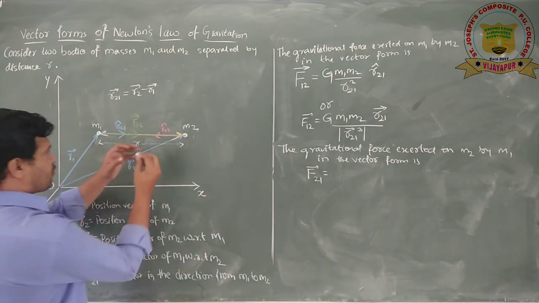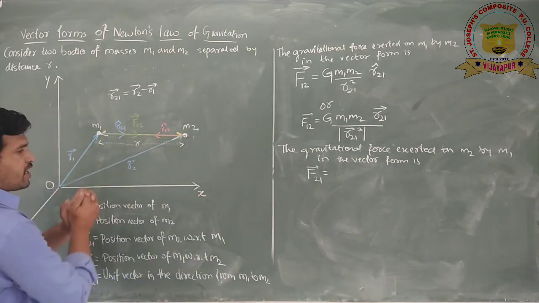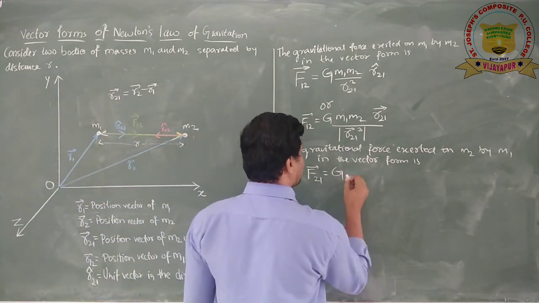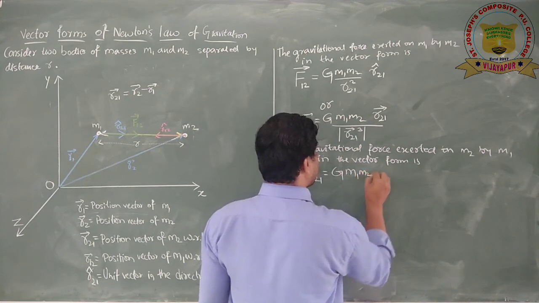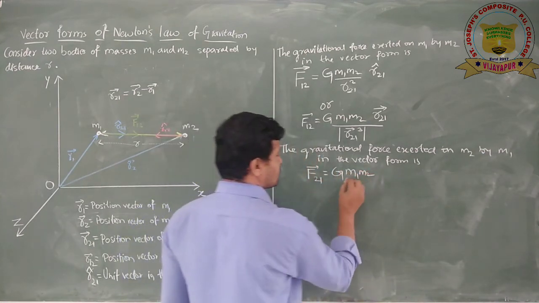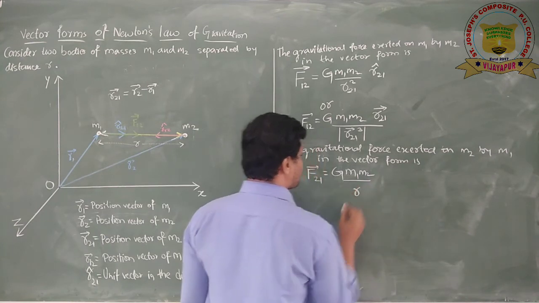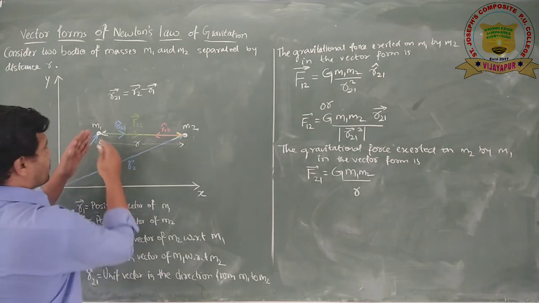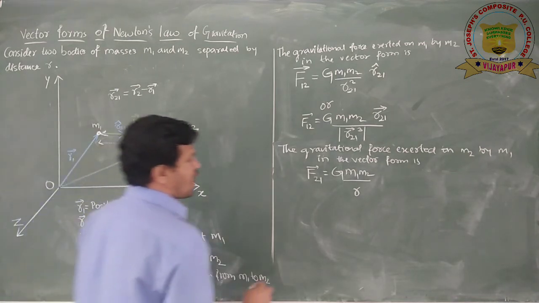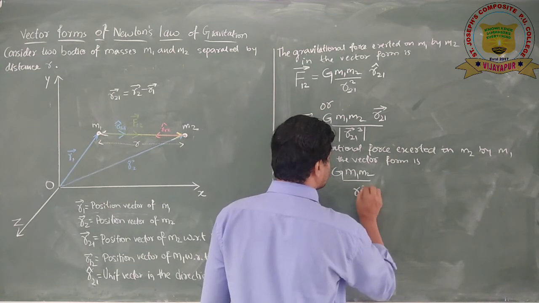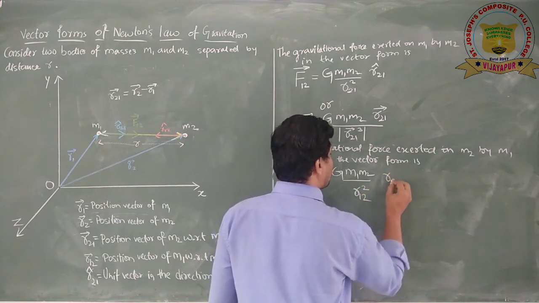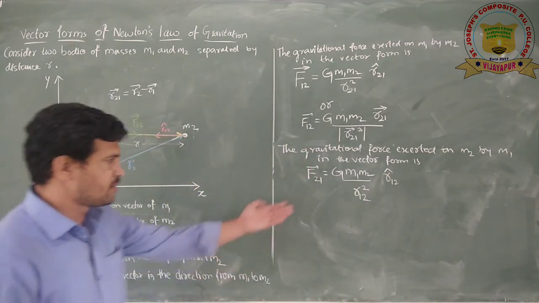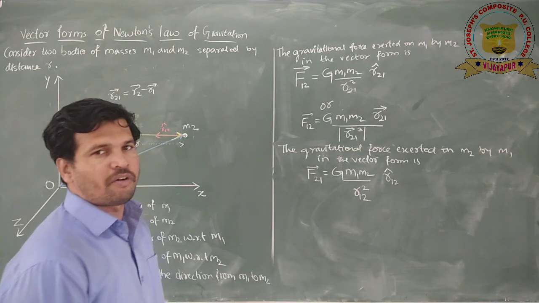Because the force is now on m2 due to m1, and we represent that force as F21, and it is once again given by Newton's law of gravitation. You know that the force is directly proportional to the product of masses and inversely proportional to the square of the distance between them, and this time the distance of m1 from m2 is R12 square, multiplied by the R12 unit vector, R12 cap. So this gives the vector form of Newton's law of gravitation.